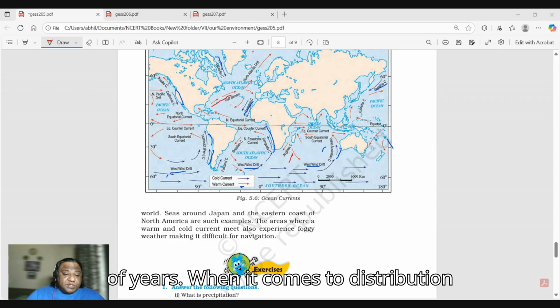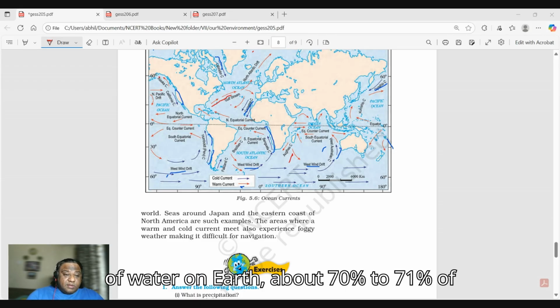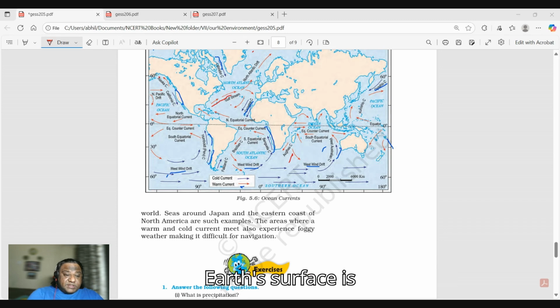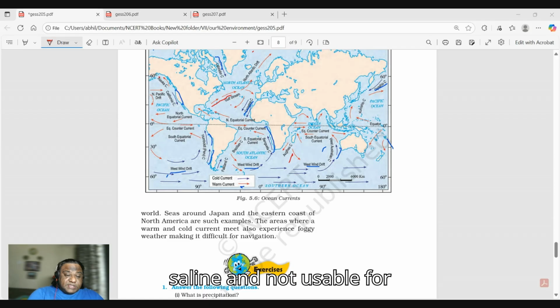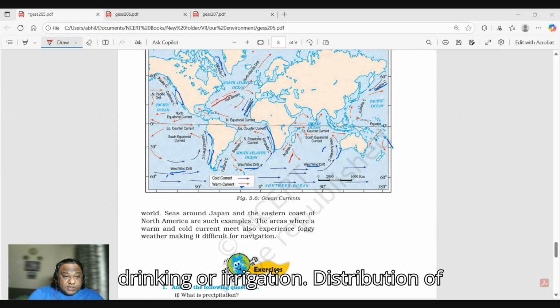When it comes to distribution of water on Earth, about 70-71% of Earth's surface is covered with water, but most of it is saline and not usable for drinking or irrigation.